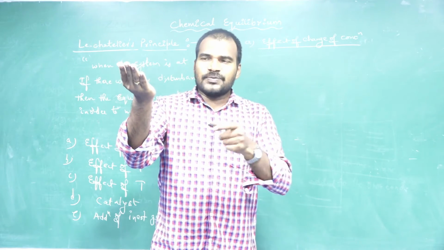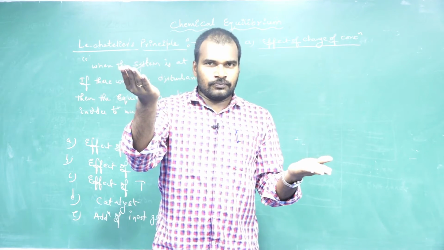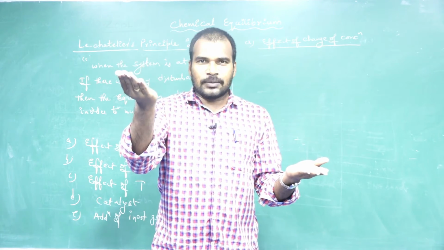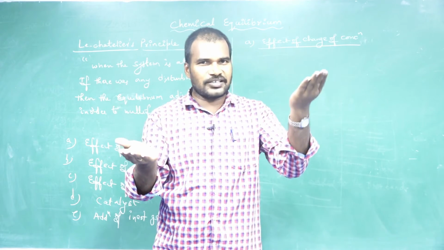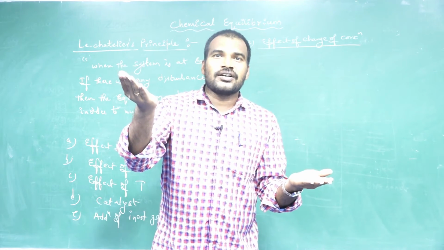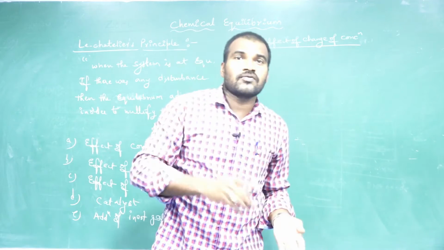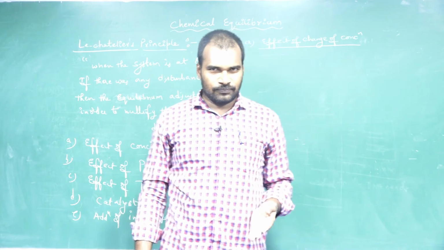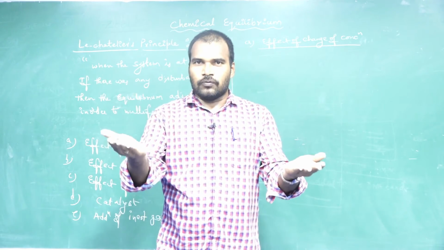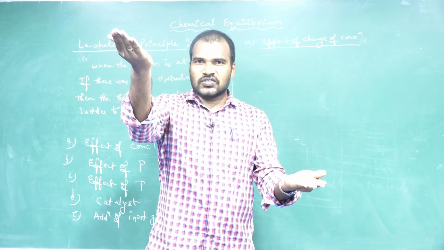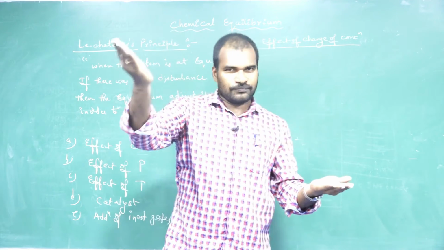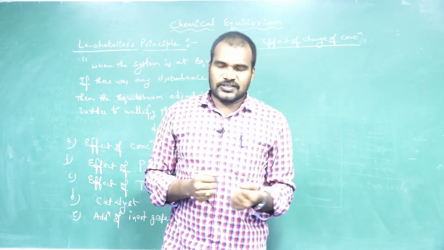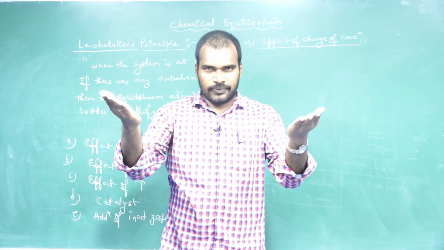To consume the reactants, they are converted into products, no? The conversion of reactants into products, what we call forward reaction. So if you increase the concentration of reactants, the reaction is favorable to forward.